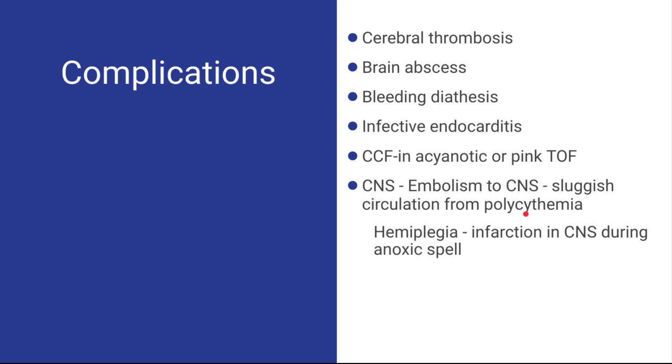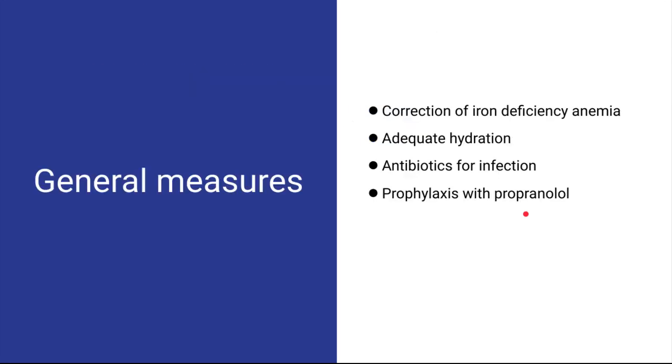Then CNS embolism may be there due to sluggish circulation due to polycythemia, and hemiplegia can be there during infarction during anoxic spell.